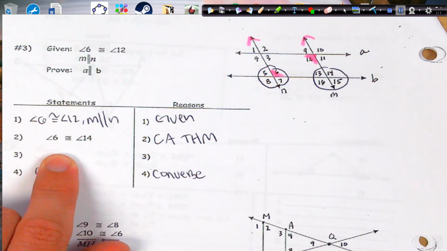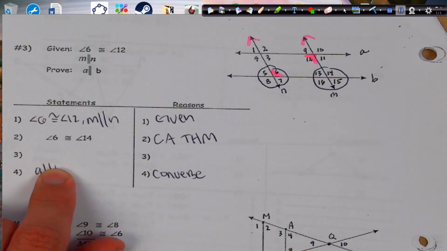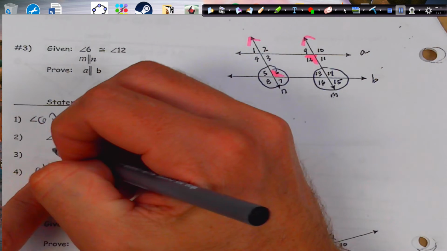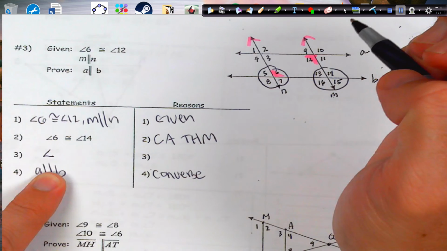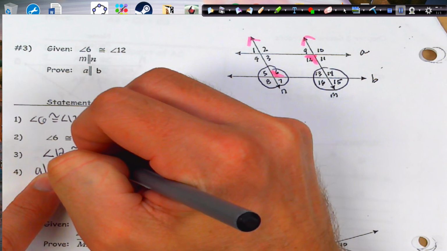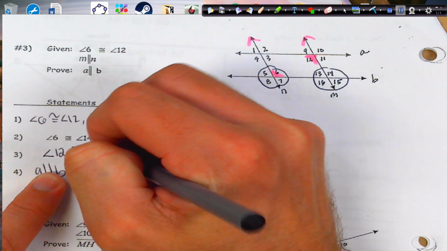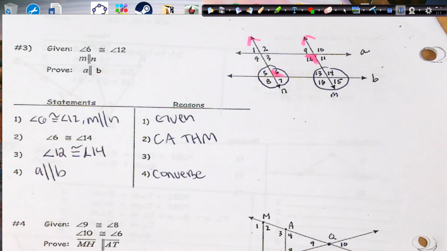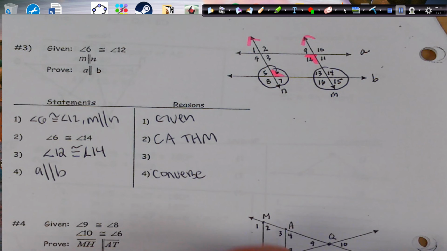We have to write theorem. And then I want to say that 12 is congruent to 14. And we know that because if you look at the flow here, we see 6 is equal to 12.